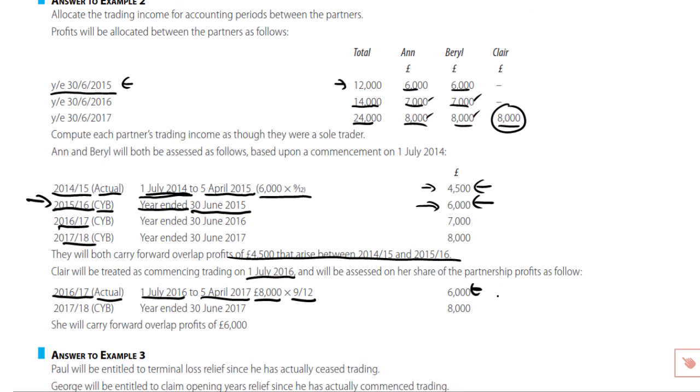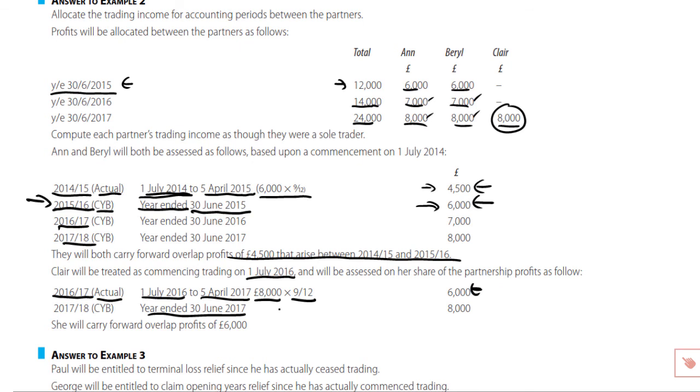17/18, does partner here, what was her name, Claire, does she have any accounting period for which she's been a partner ended in that year? Yeah, it's the year ended 30th of June 17. Was she a partner for all of that period?